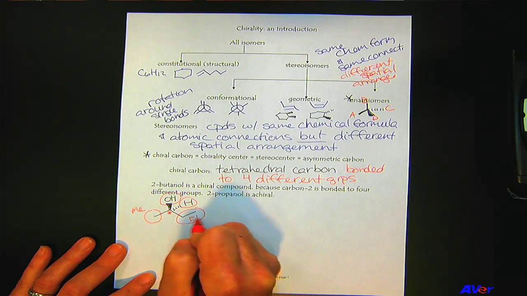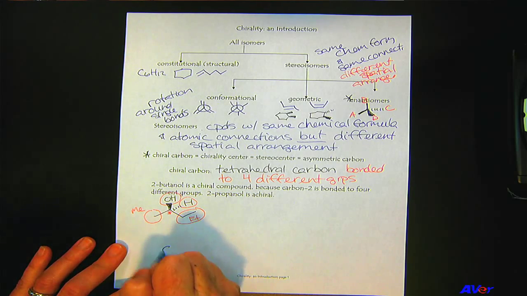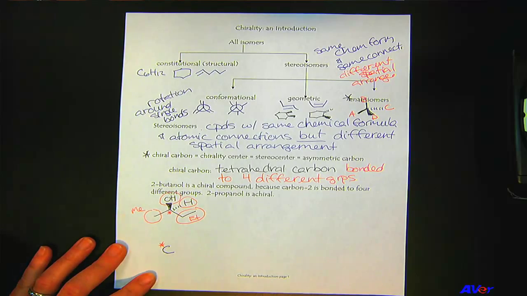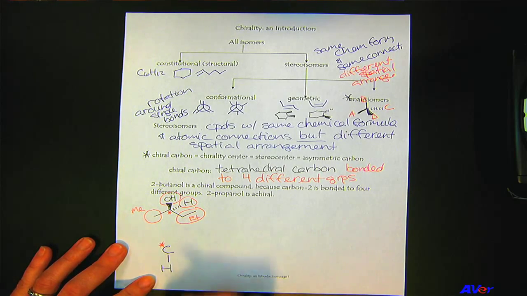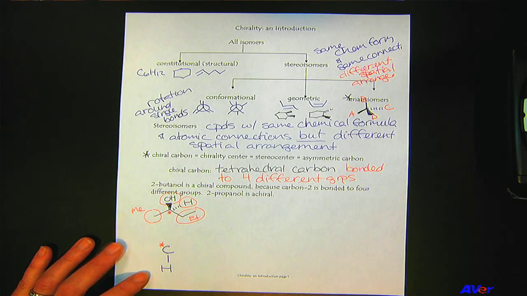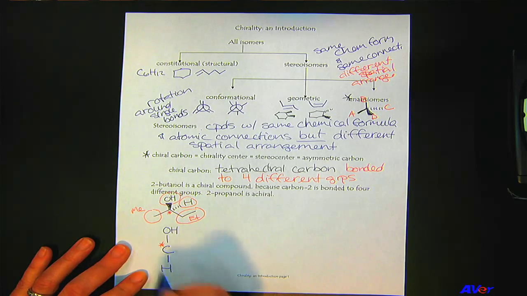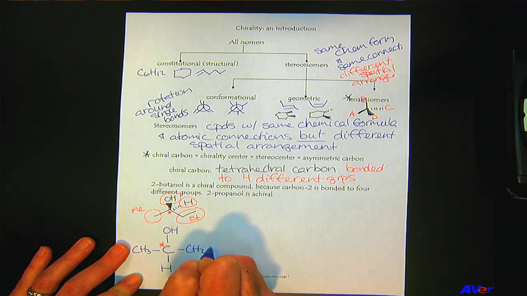Right, methyl and ethyl. So if we draw this out, right, here's our chiral carbon with the star. There could be the hydrogen, and then, okay, this would be the OH, this would be our CH3, and then there is our ethyl group.